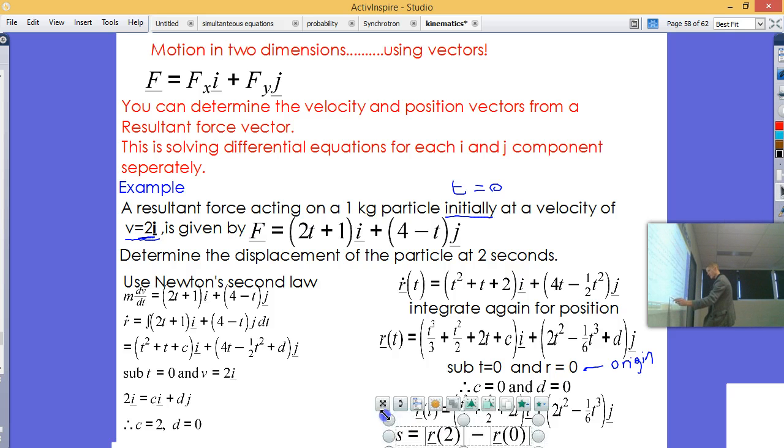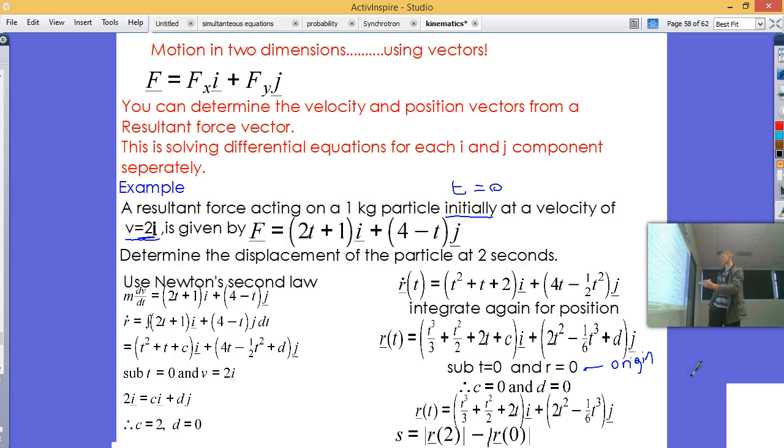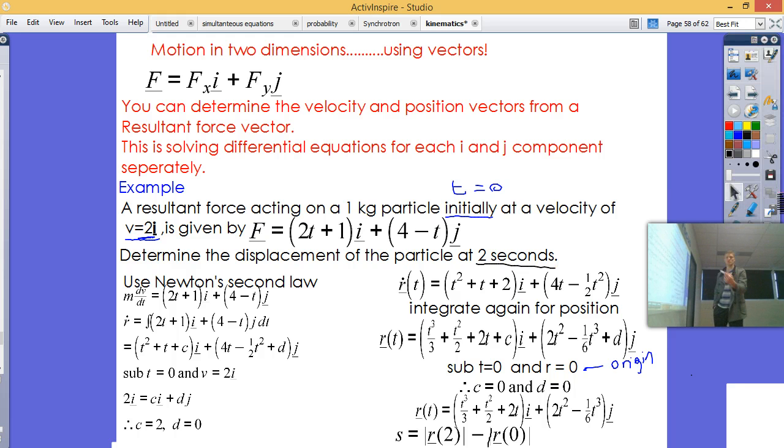It's the modulus of each. Okay, the modulus of the position at time equals 2 seconds minus the modulus of the position originally. Okay, and I substitute that in and do the modulus of each vector that I get, and I'll get my result. Very good.